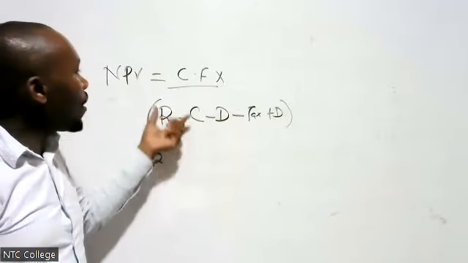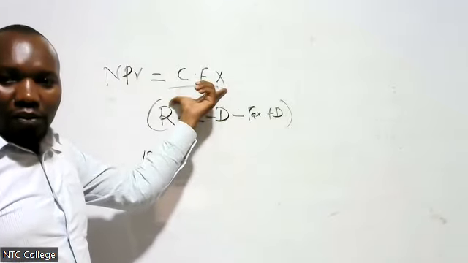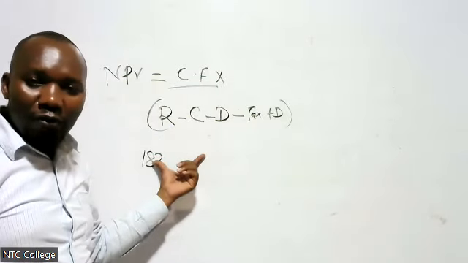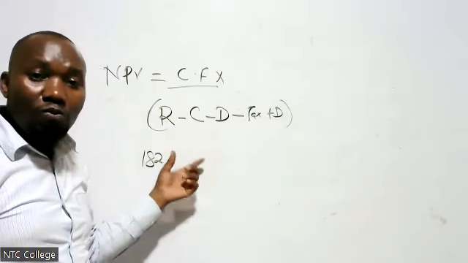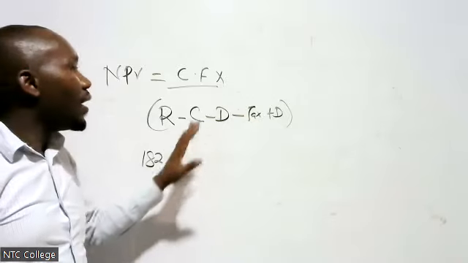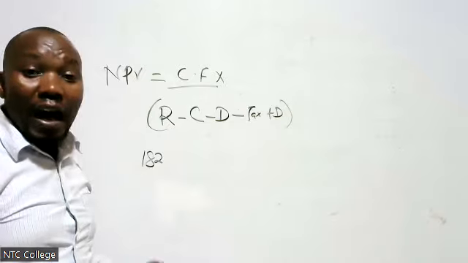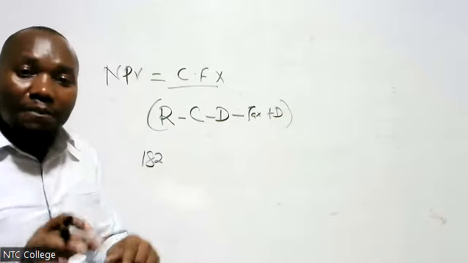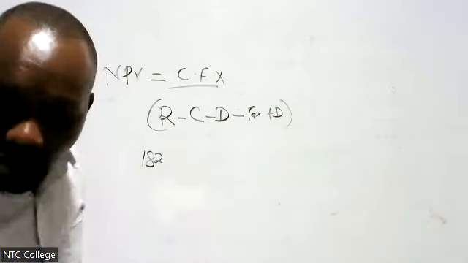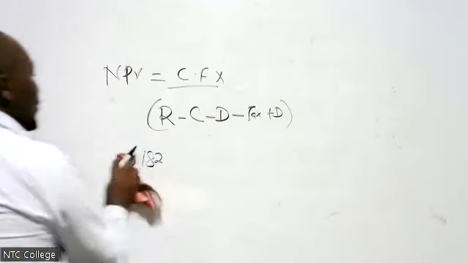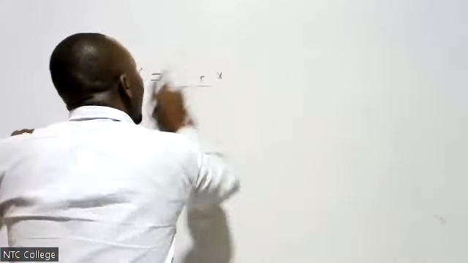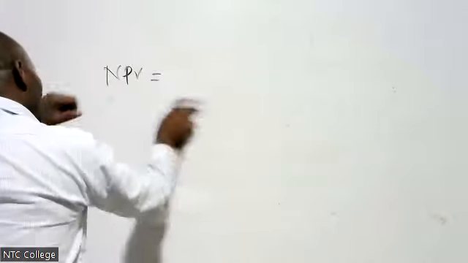How will you vary them when all of them are here? So that is what is now taking us to the second formula, where we break them into different components so that we can understand and vary them. So we can still calculate NPV using method 2.